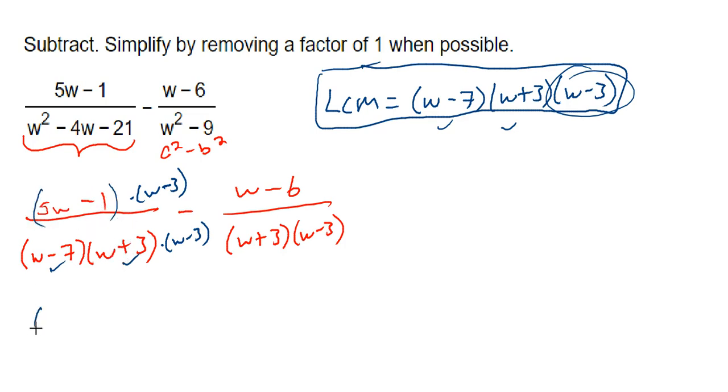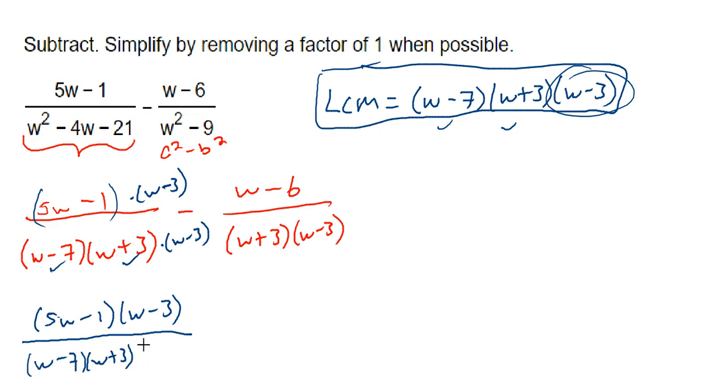And so we're going to end up with 5w minus 1 times w minus 3 over the common denominator, w minus 7, w plus 3, w minus 3. And I'll just stick with the same order that I already had up here. Minus, because we're subtracting, because why not make it as hard as possible by having it be a subtraction instead of addition. Let's do the same thing with the second fraction.